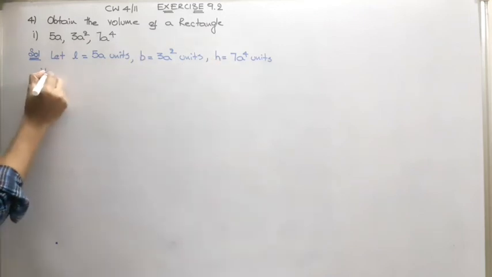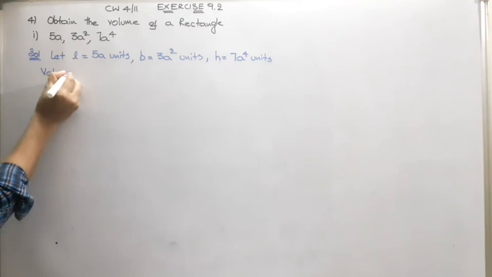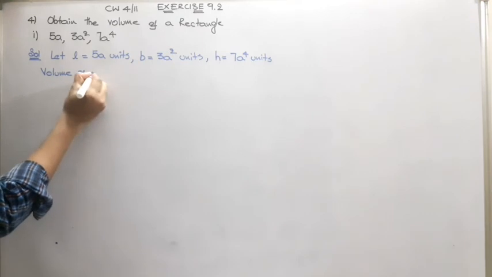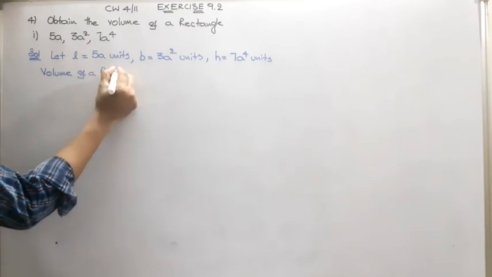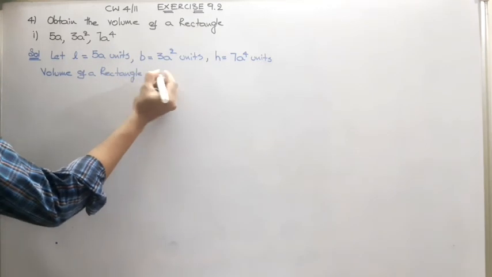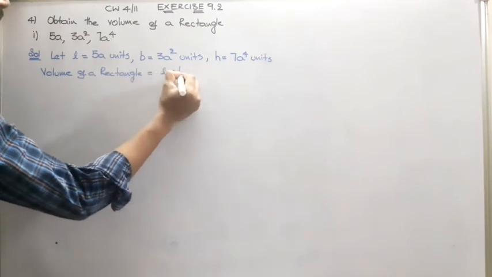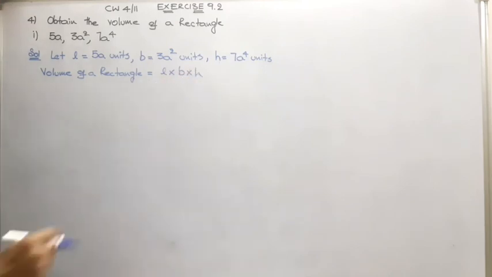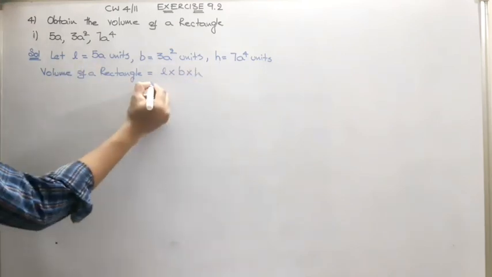Then the volume of a rectangle or rectangular box is equal to, we know that it is L into B into H. That means length into breadth into height.